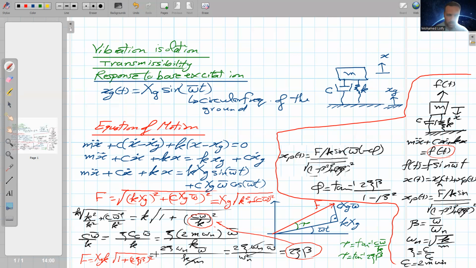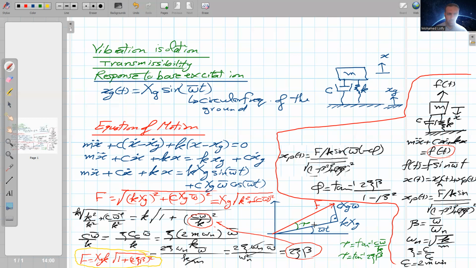Let's highlight it like that. This is F, and this is the equation of motion. I'll replace the equation of motion with the amplitude F, and this is psi, and this is omega bar t. So instead of using sine omega bar t and cosine omega bar t, I'll replace it with a single force, which will be sine of the large angle, psi plus omega bar t.